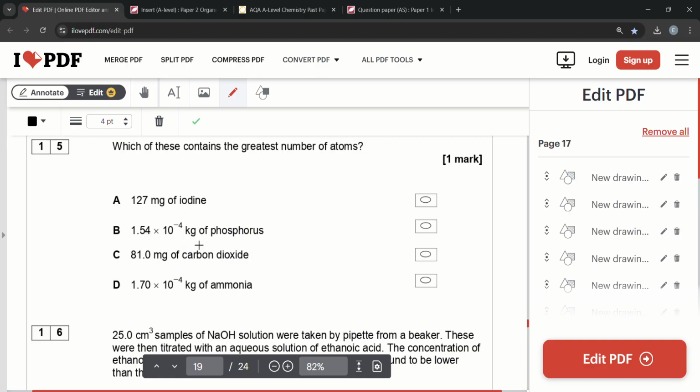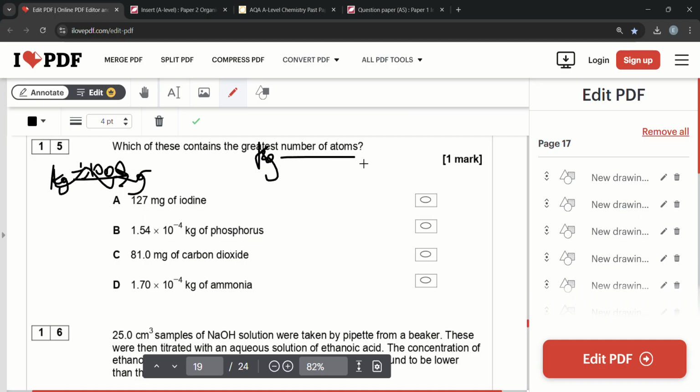1.54 times 10 to the power minus 4 kilograms of phosphorus, but we want that in grams. So if we convert this into grams, well, how do you go from kilograms to grams? Divide by 1,000, right? No, oh my days.